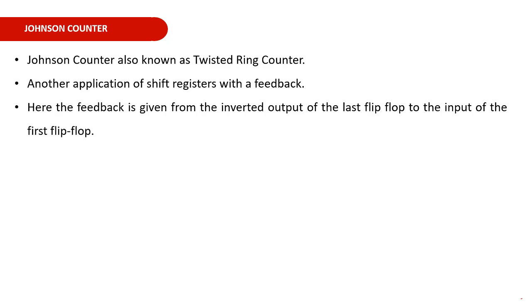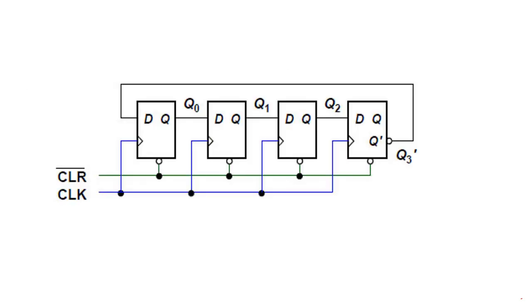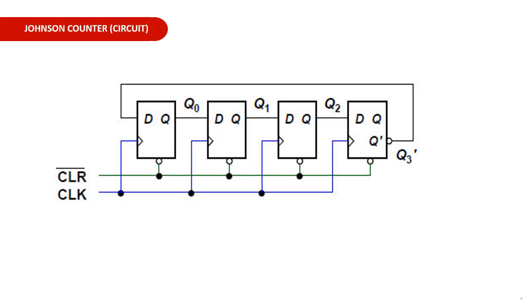The working is similar to that of the ring counter, but here instead of connecting the Q of the last flip-flop to the input of the first flip-flop, we are connecting Q bar. We are connecting Q bar as the input of the first flip-flop. All other connections remain the same.